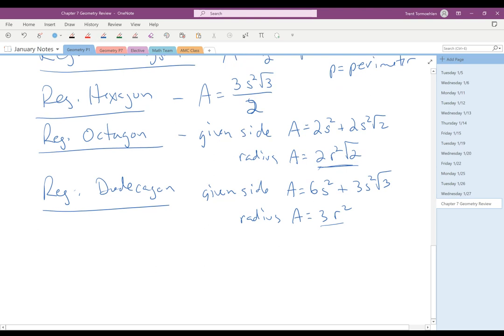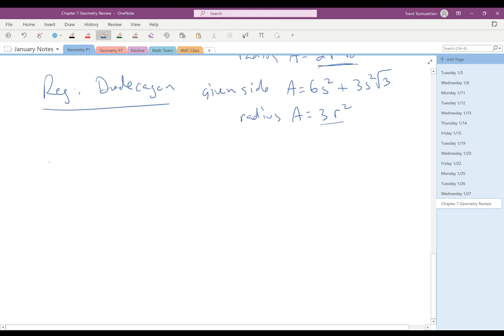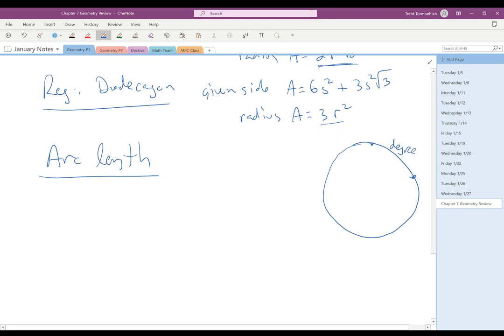All right, and then our last 2 things we learned about were arc length. Remember, when you're talking about an arc of a circle, we measure it in 2 ways. One is what fraction of the circle it is, and we do that in degrees, right? The measure of the arc is the degree associated with that arc, which is what fraction out of 360 it is.